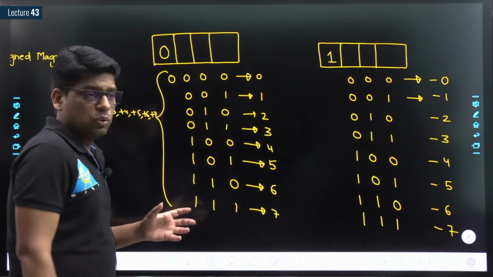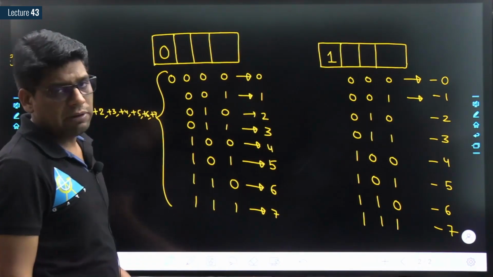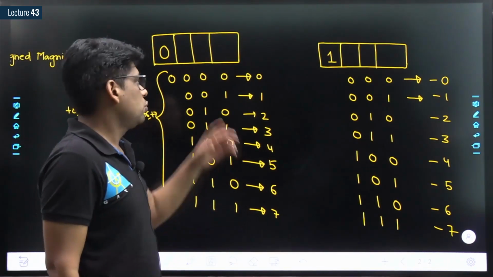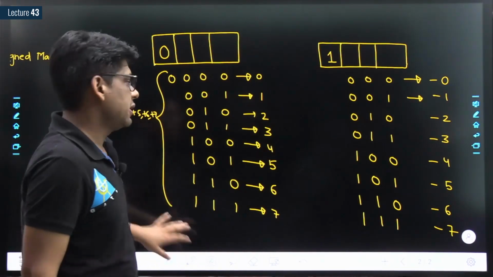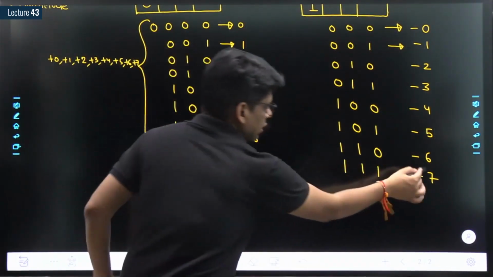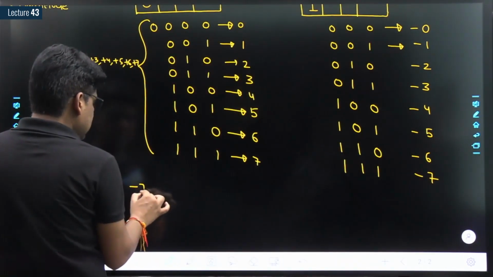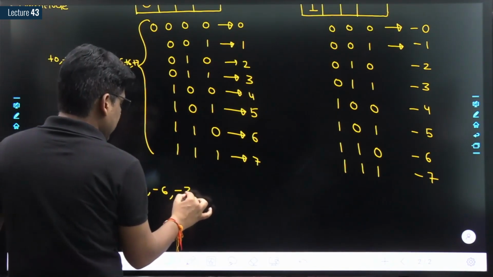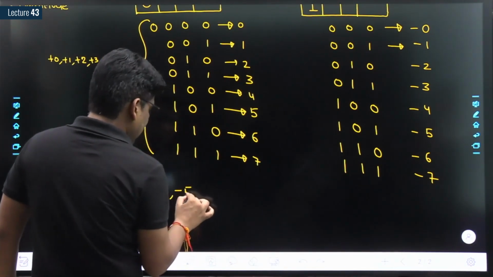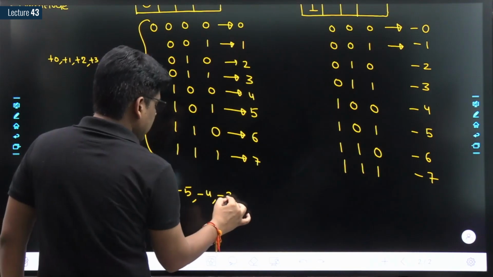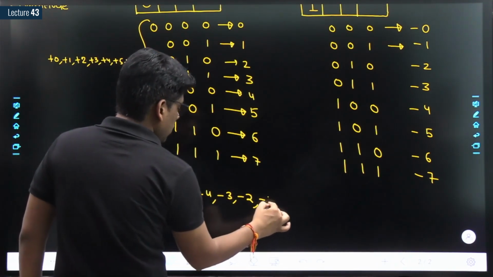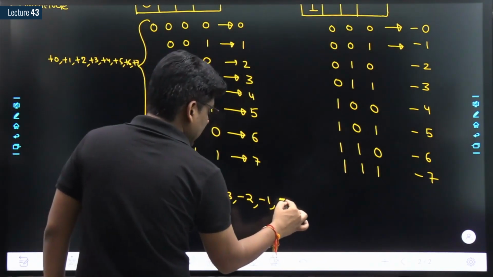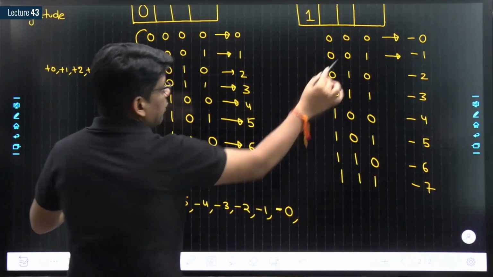So if I ask what are the possible values that we can store inside a 4-bit integer? In negative, it is minus 7, minus 6, minus 5, minus 4, minus 3, minus 2, minus 1, minus 0.